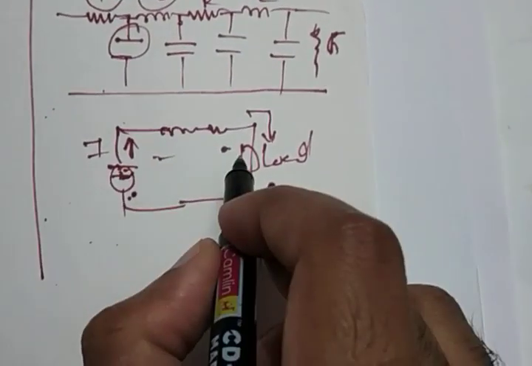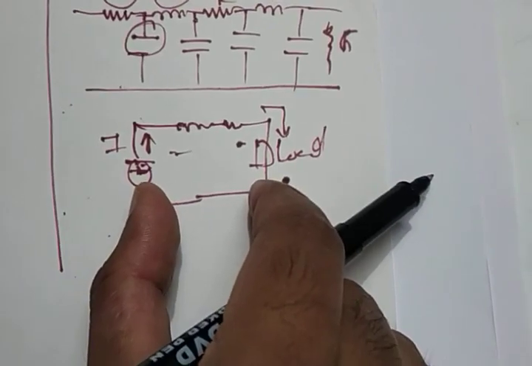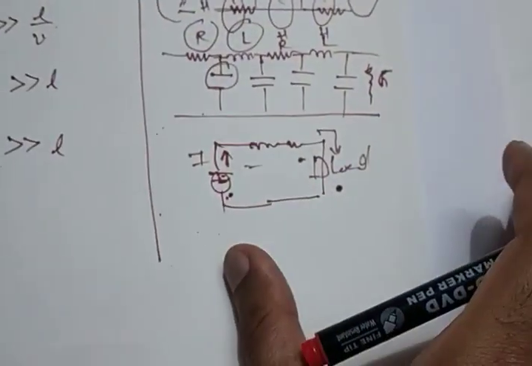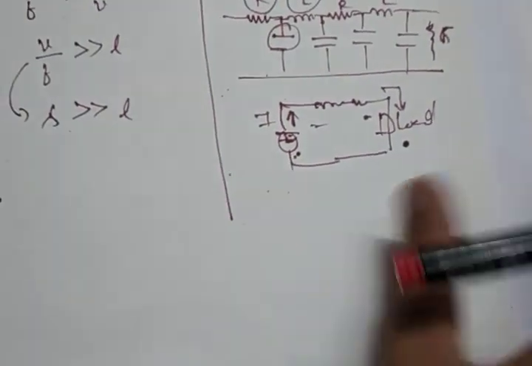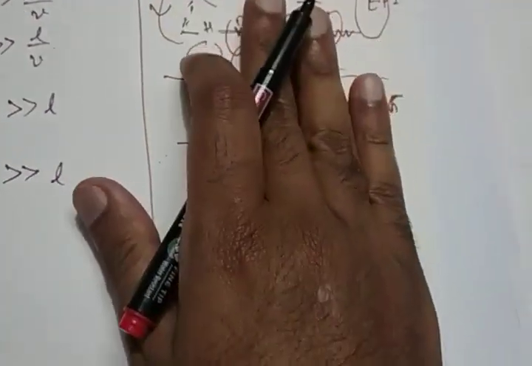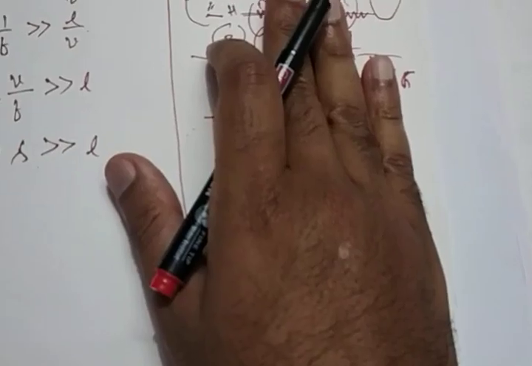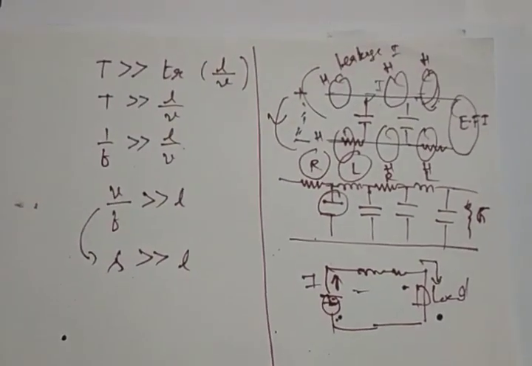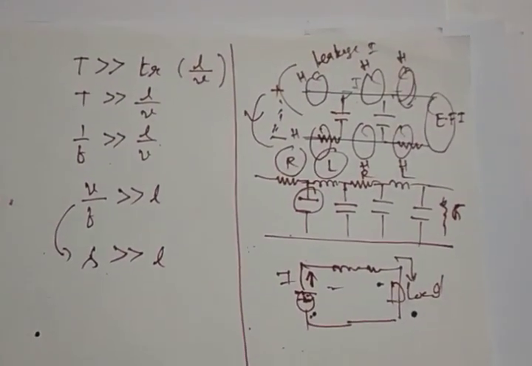There won't be any delay because it is a small circuit. But for larger, lengthy circuits, we have to consider the transit time and the effect of the reactances. So we have to remember these two things. We will have a virtual capacitance, virtual inductance, a resistance and a conductance.